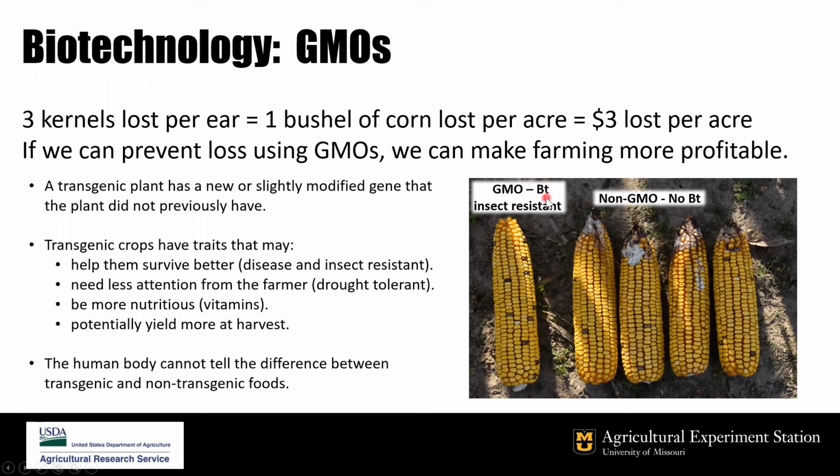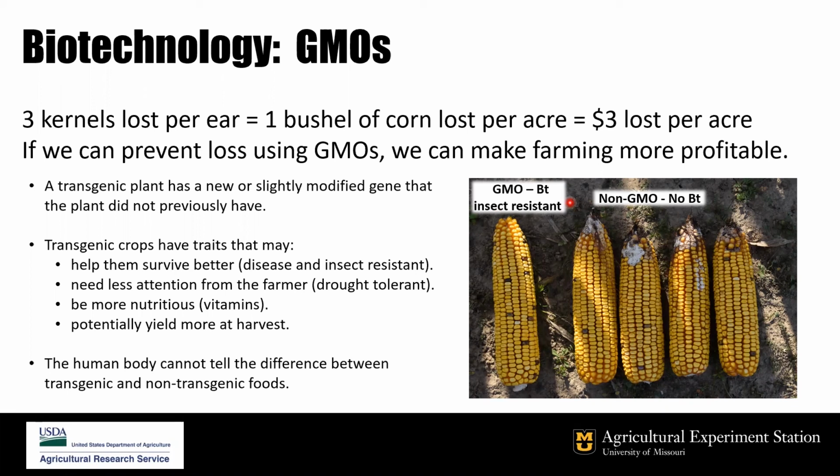The BT crystalline protein introduced into corn makes the corn insect resistant, whereas the plants that are not GMO, that do not contain this crystalline protein from the bacteria, they've certainly lost 3, 6, 9, 15 kernels per year. And so you can see how this introduction of this single gene can have a very large effect on the profitability or the reducing loss for the farmer.